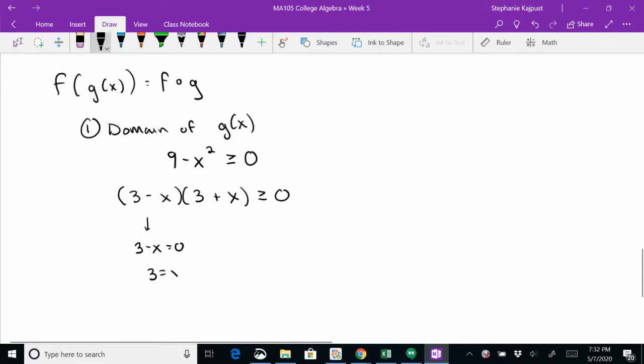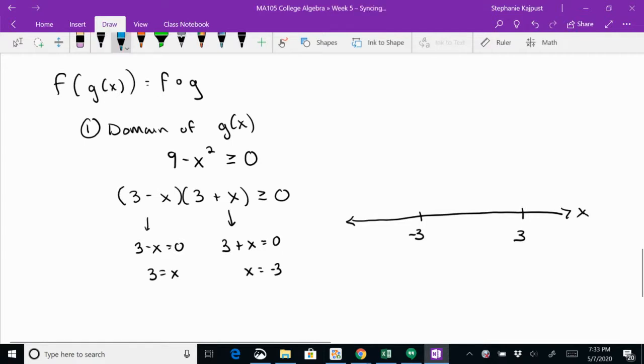So we get 3 is equal to x, and 3 plus x equals 0, so x is equal to negative 3. In order to find the domain, I'm going to do one of these polynomial inequalities and make the sign chart. So I'm going to put -3 and 3 on my number line for x.